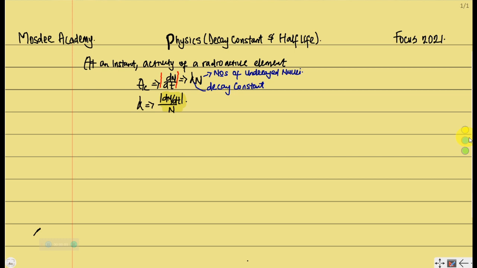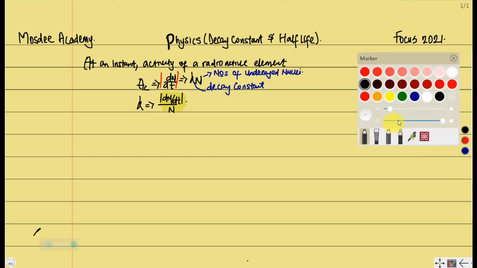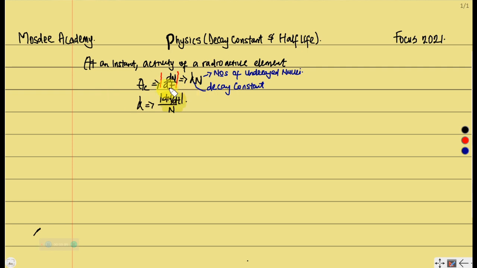The decay constant of a radioactive element is now defined with respect to activity and the number of active nuclei. When you want to write it verbally, it is advisable to say the activity, which I told you is dN by dt, so you can write it as the ratio of the activity of a sample to the number of active nuclei.